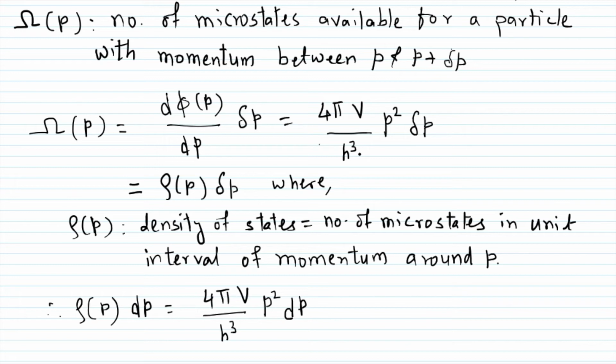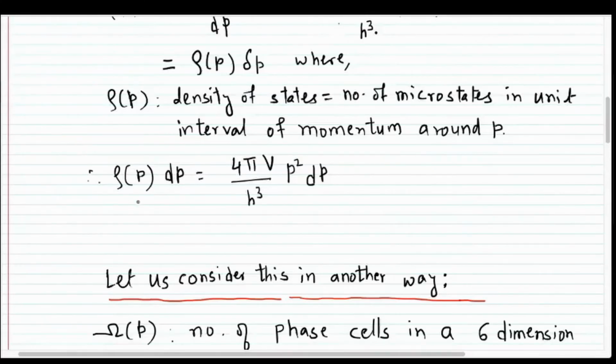And so this rho p dp will then be 4 pi V upon h cube p square dp. Okay. So here what we are getting is the distribution of the states with respect to momentum.